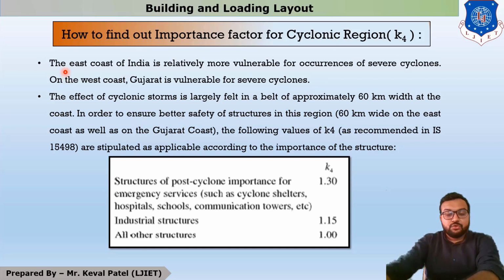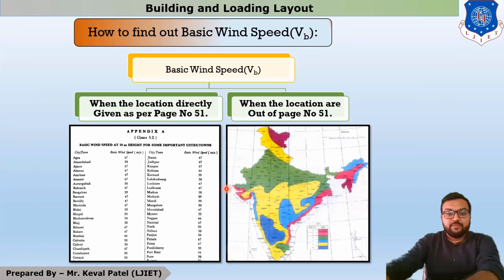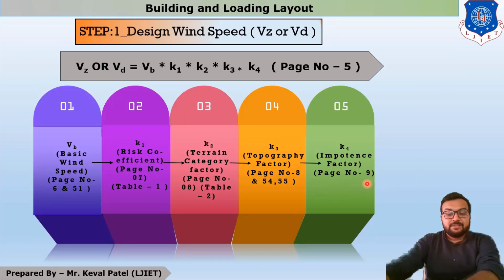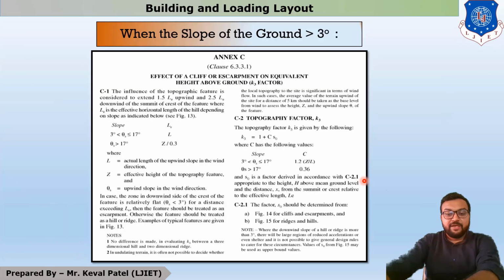So in Gujarat, the west coast is generally a cyclonic region, and the effect of the cyclonic region extends approximately 60 kilometer width at the coast. This value is given on page number 9, from where our importance factor K4 will be found.